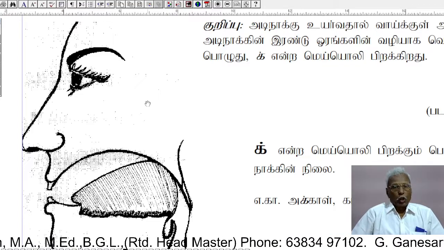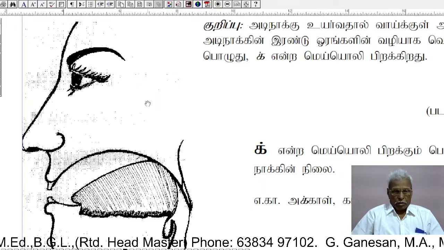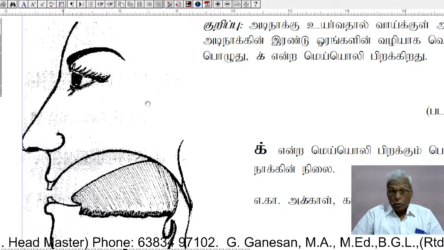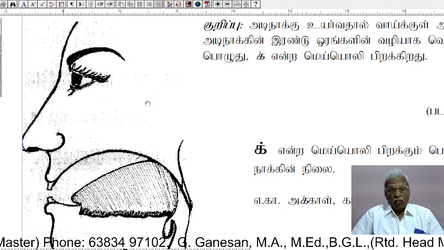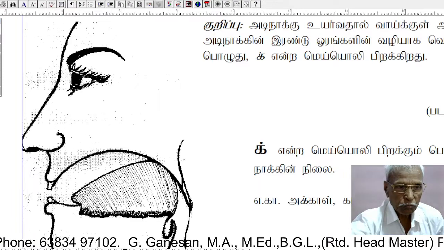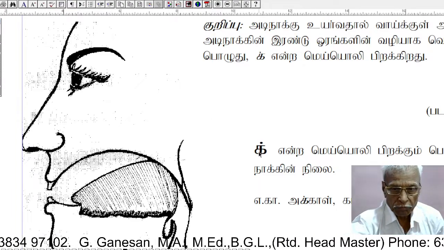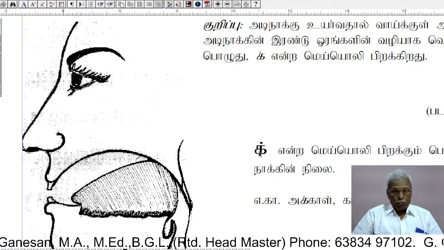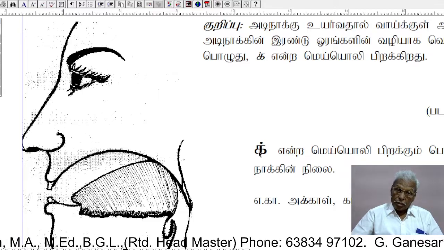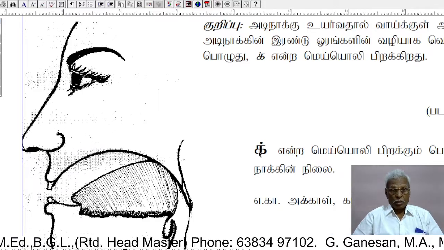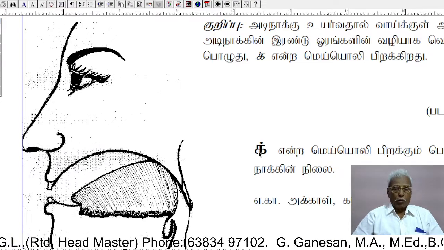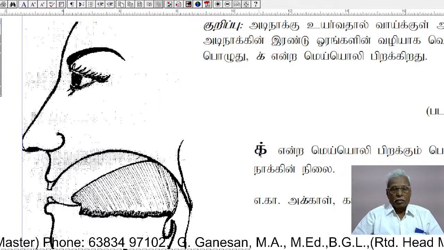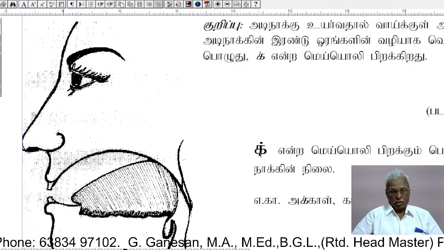According to Tolkappiyar, the first Tamil consonant phoneme 'ik' is produced by raising the back of the tongue to the back of the mouth and making a tight contact with that.